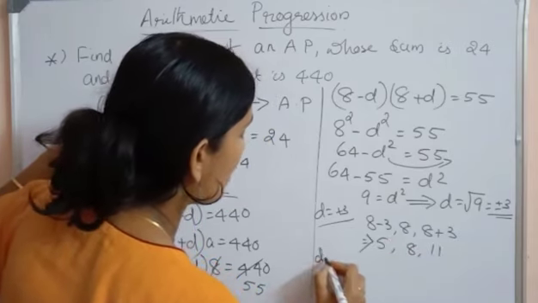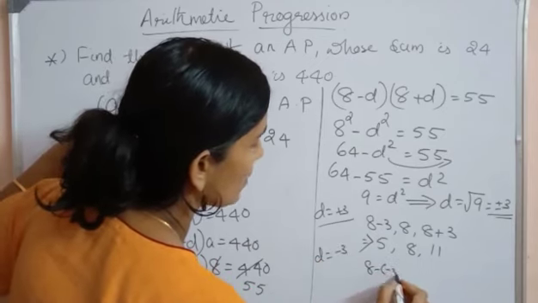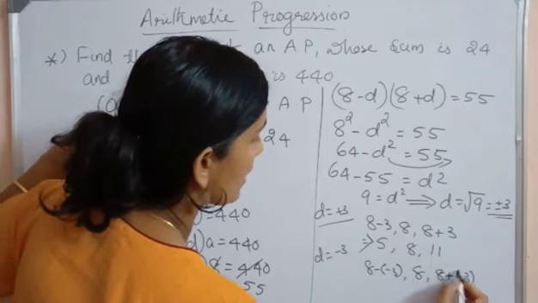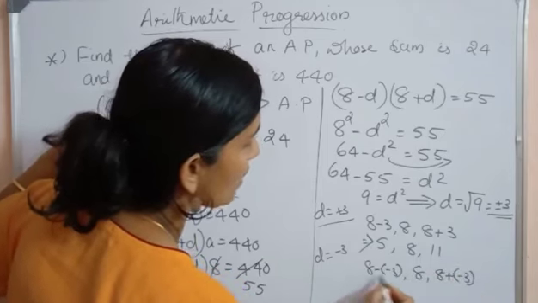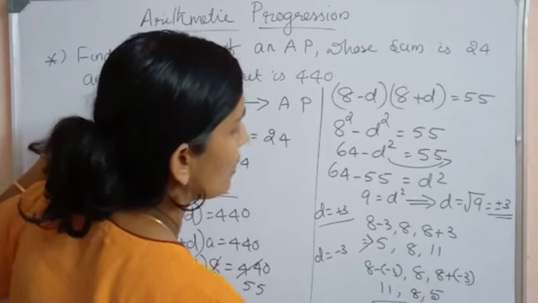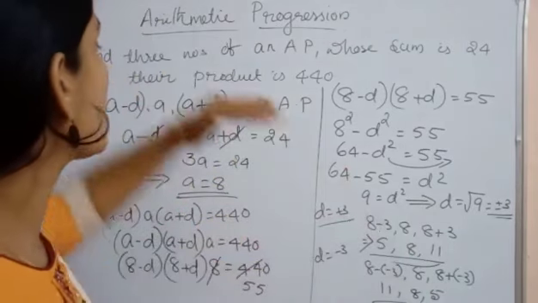Now when D is minus 3, you will get 8 minus minus 3, 8 and 8 plus minus 3. So that is 8 plus 3 is 11, 8 and 5. So in the reverse order, you will get the other answer. That is all. So this is the required AP.